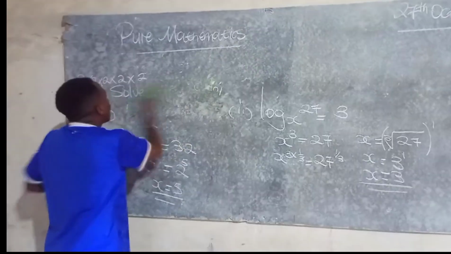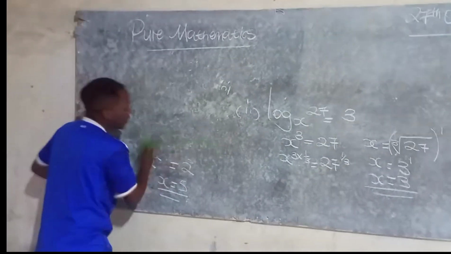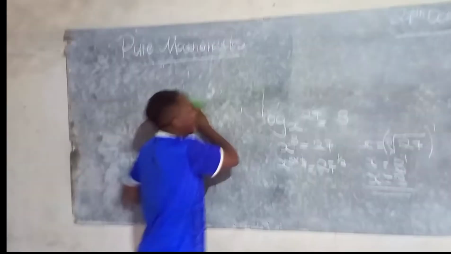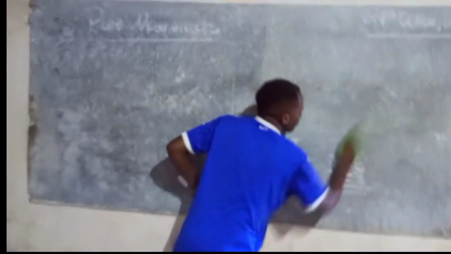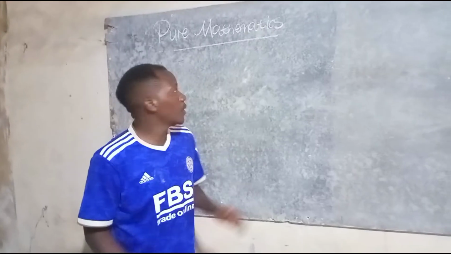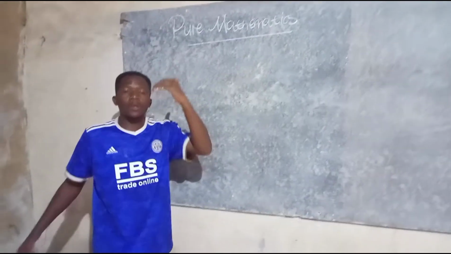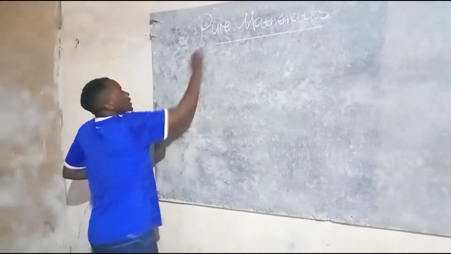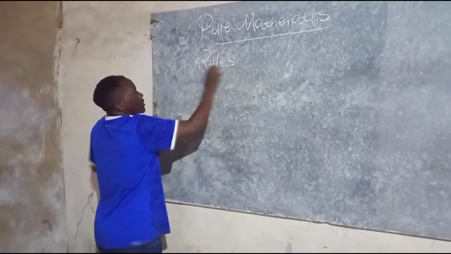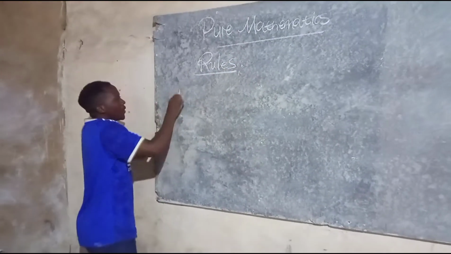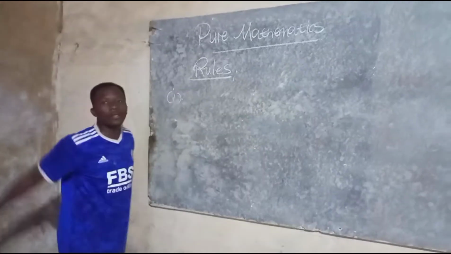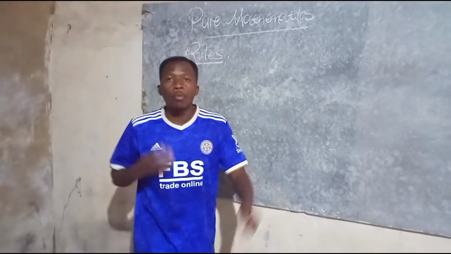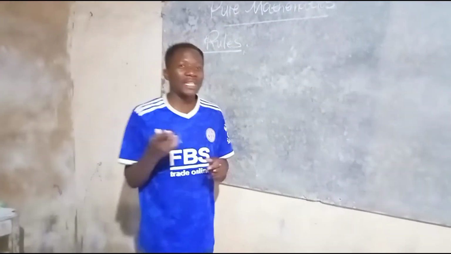So let's see another example which we can kindly talk about. Then also sometimes we can talk about the rules for logarithms. Rule number 1 is about multiplication, which goes hand in hand with addition.